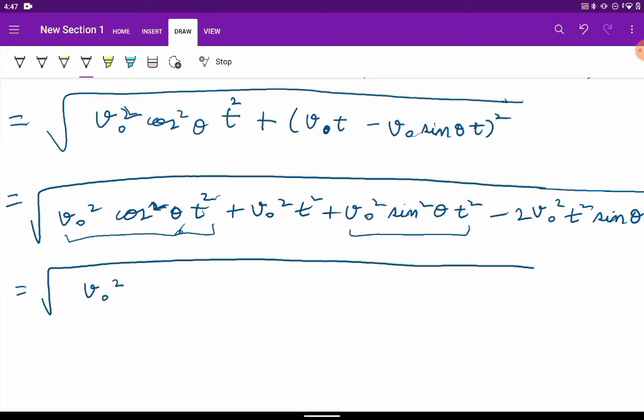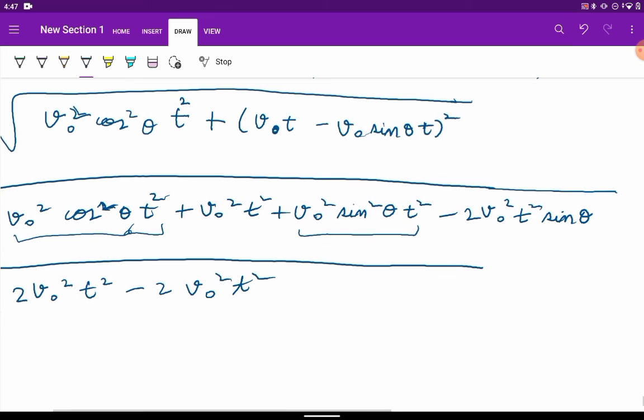This is also v naught square t square, so twice v naught square t square minus twice v naught square t square times sine theta.